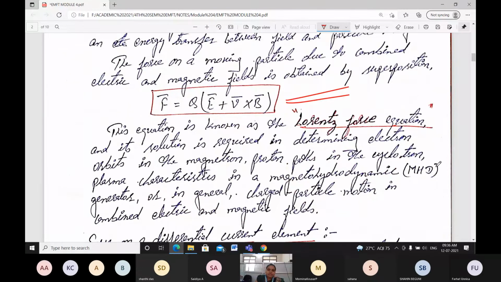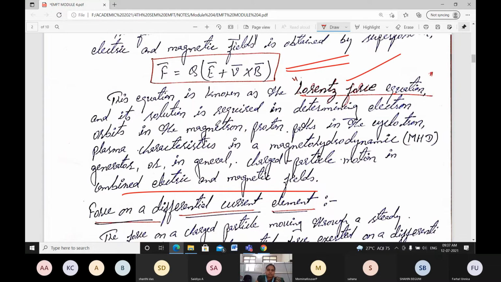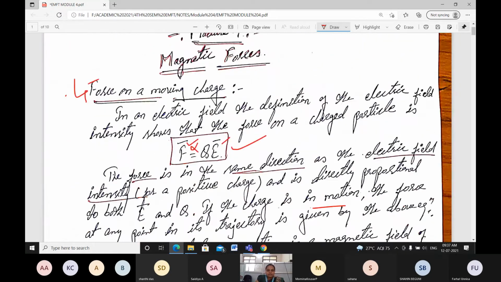These are in general a charged particle motion in combined electric and magnetic fields. If we want to find the force where both electric and magnetic fields are present, then we apply the Lorentz force. This is the force on a moving charge.